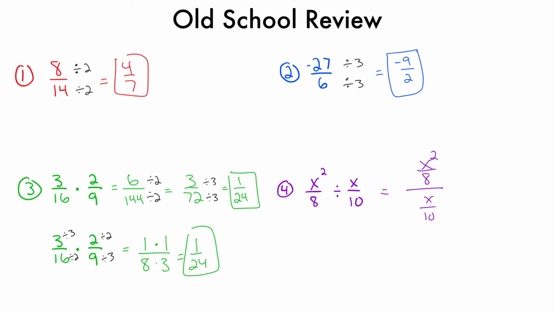Whenever you divide by a fraction, it is the same thing as multiplying by its reciprocal. That's my fancy math way of saying if I have x squared divided by 8, and I'm dividing it by another fraction, it is the same thing as that x squared divided by 8 times that fraction I'm dividing by if I flip it upside down. That's what it means to get the reciprocal.